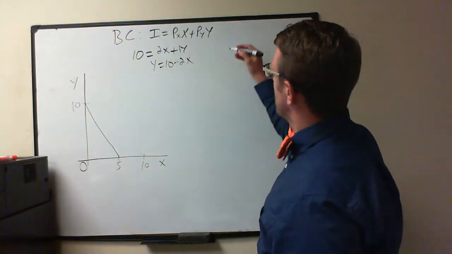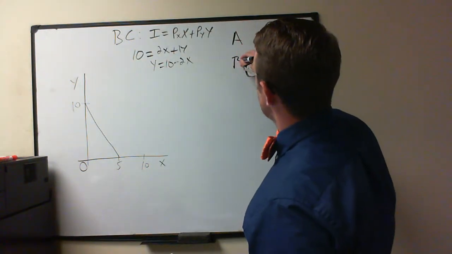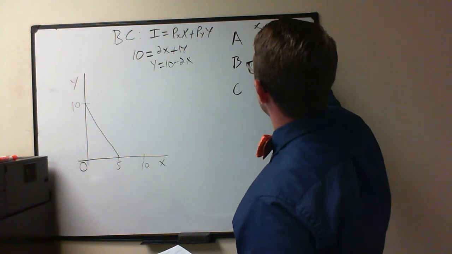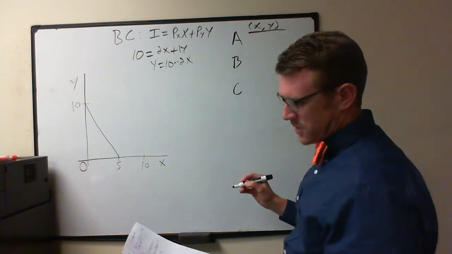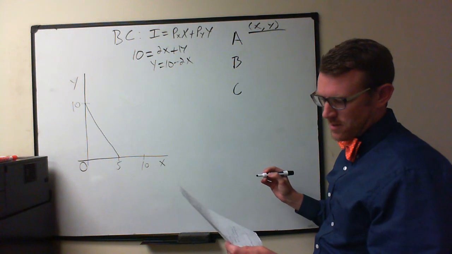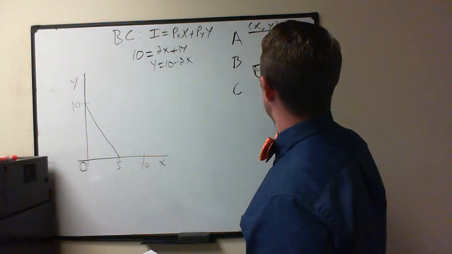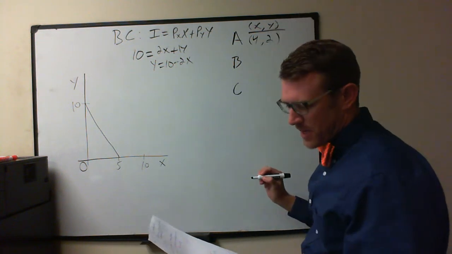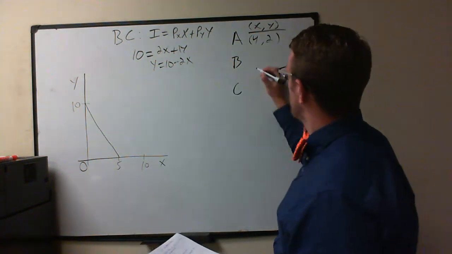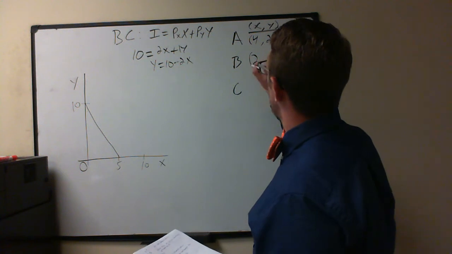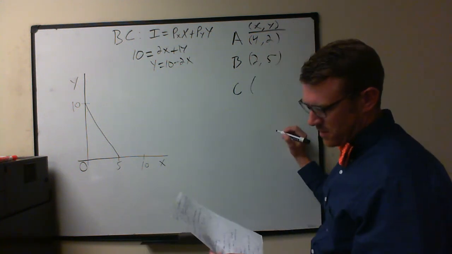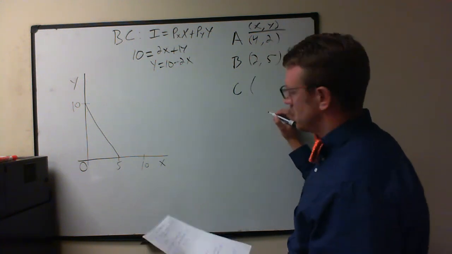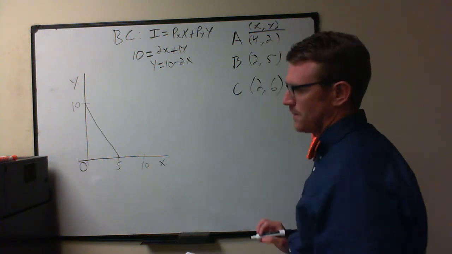So, bundle A, bundle B, and bundle C, X, Y. Bundle A is 4 and 2. Bundle B is 2 and 5. And bundle C is 2 and 6.